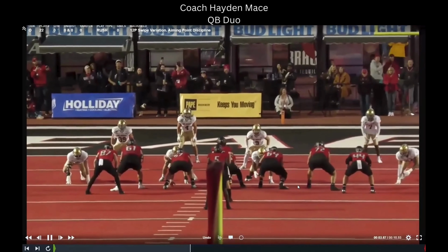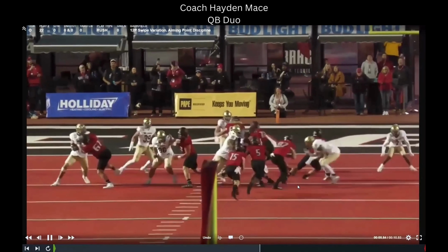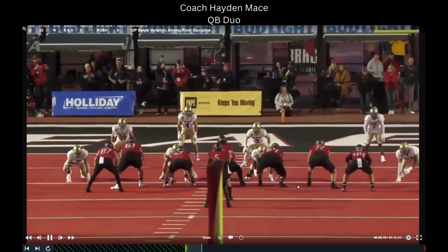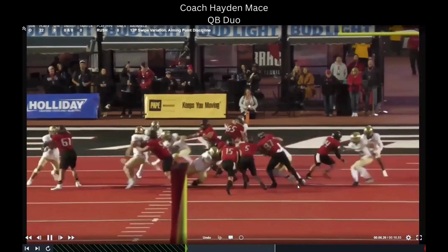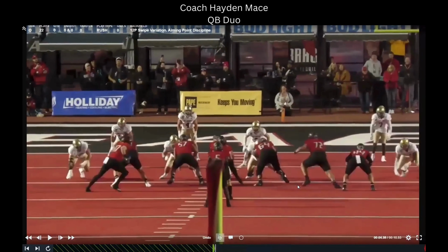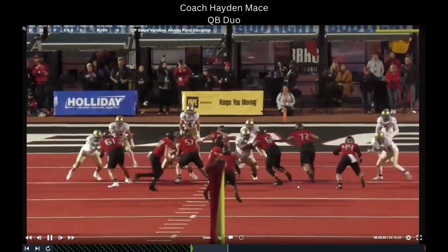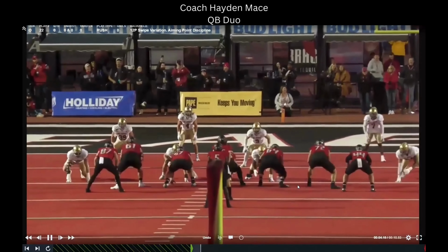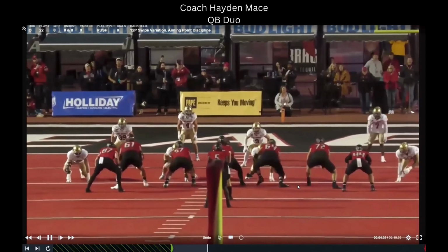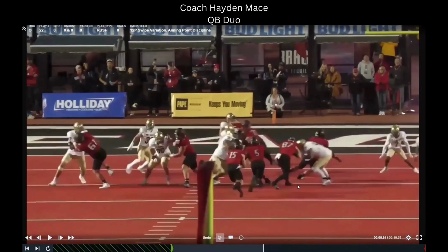Okay, this is I think a really good clip in terms of aiming point discipline. This is a 3rd and short situation here. 12 personnel. We're swiping in this one. So we've got a play side tight end and then a backside tight end who's actually going to swipe across the formation here, number 87.